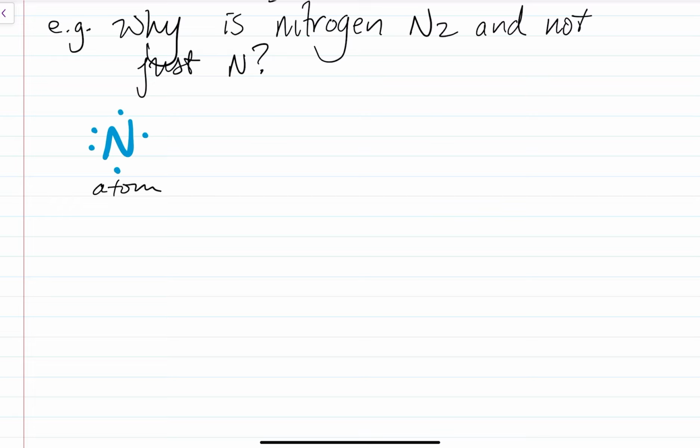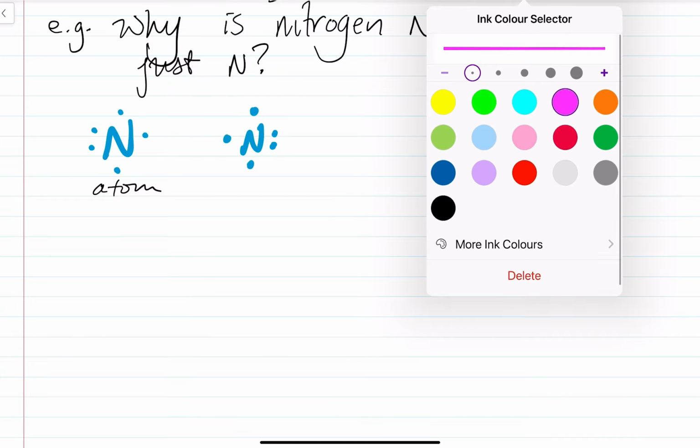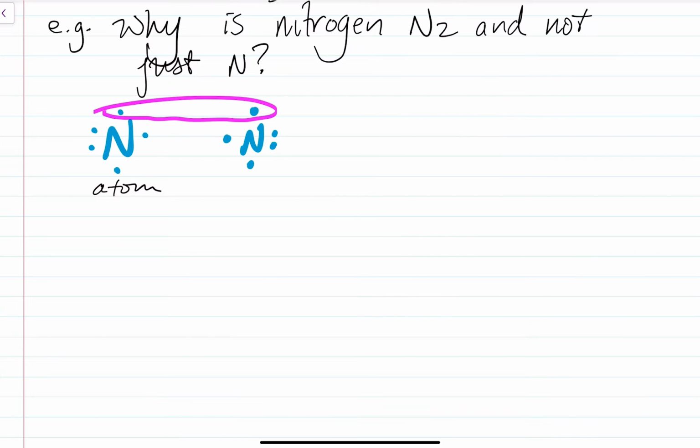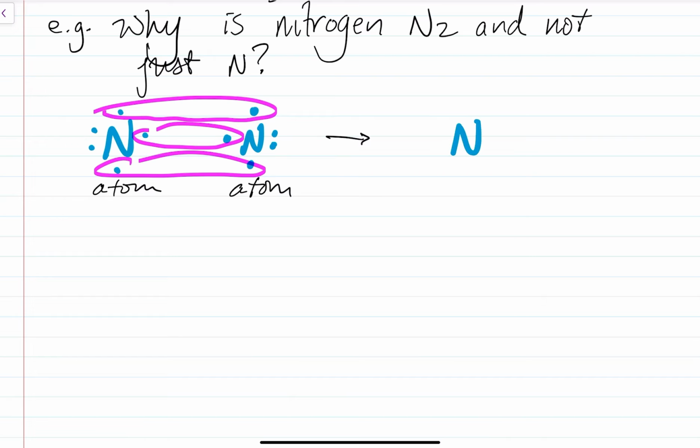It needs 8. So if we had just pure nitrogen in a tank and these 2 atoms got together, wouldn't they be like, hey, hold on a sec. You need 3 and I need 3. So here's how Lewis would show you what nitrogen gas molecule looks like.